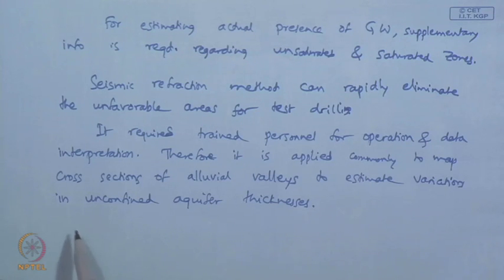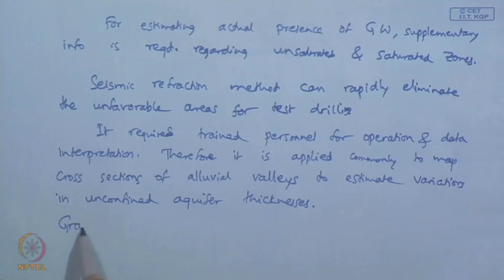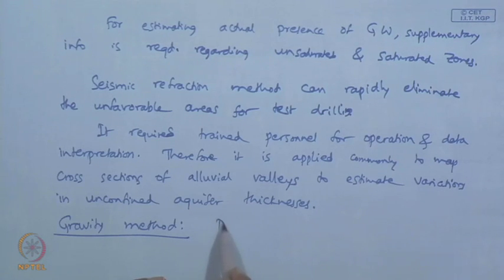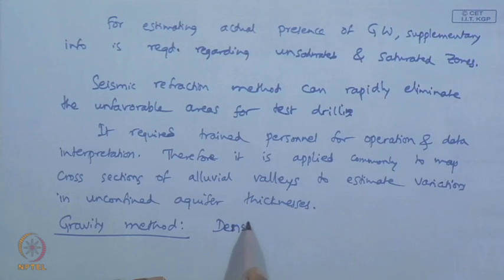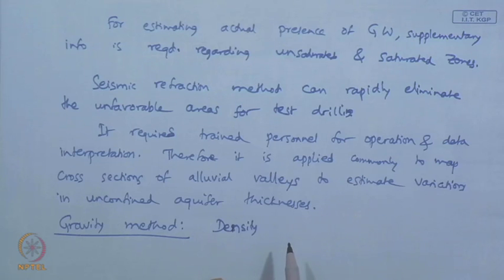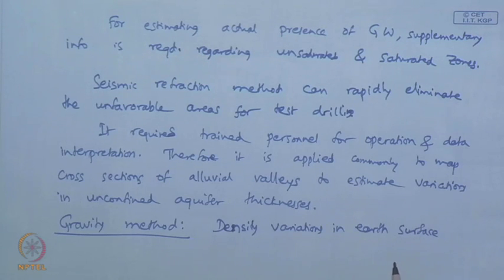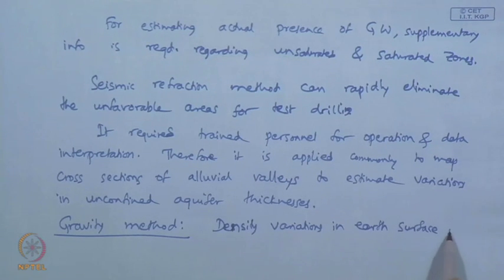So, now let us go to the gravity method. In this gravity method, the density variations in the earth surface indicate geologic structure.